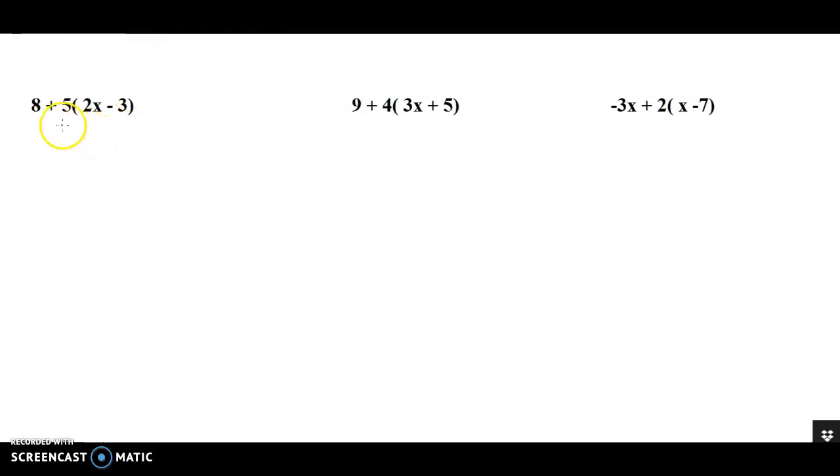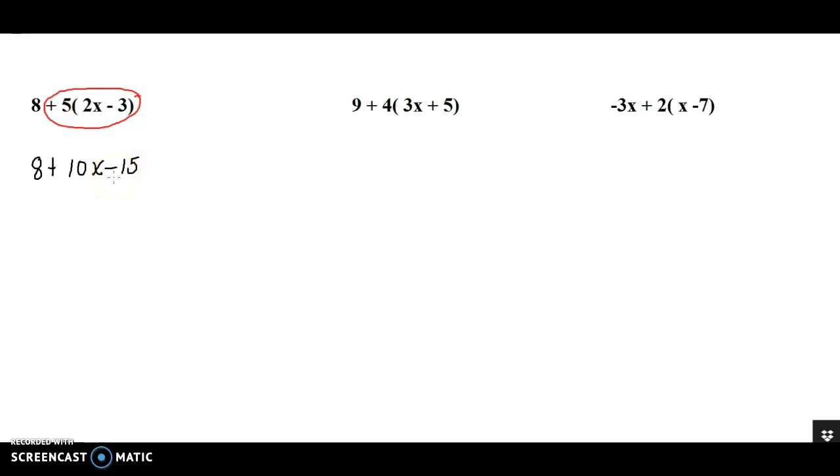It's telling me to do this part of the problem first, by performing the distributive property. And I get 8 plus 10x minus 15.